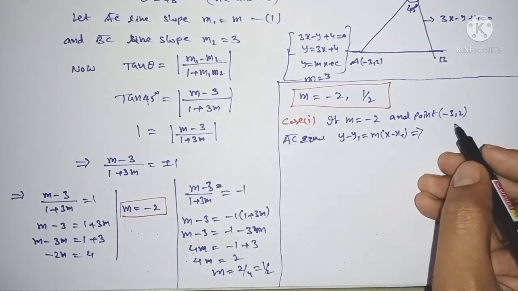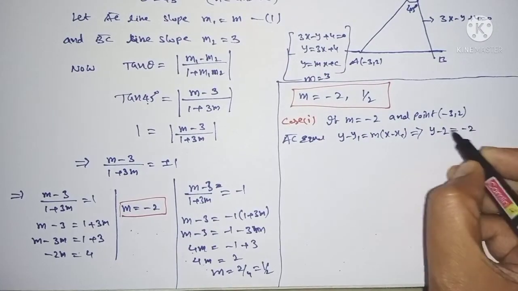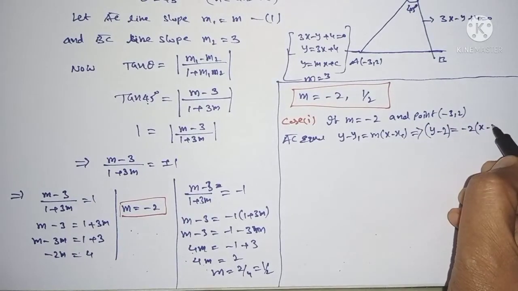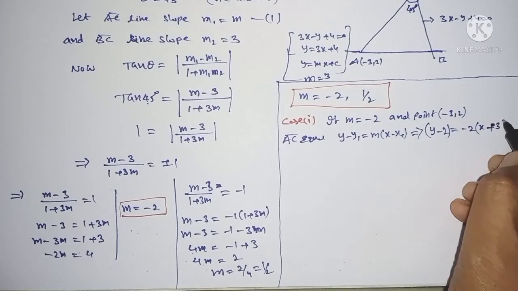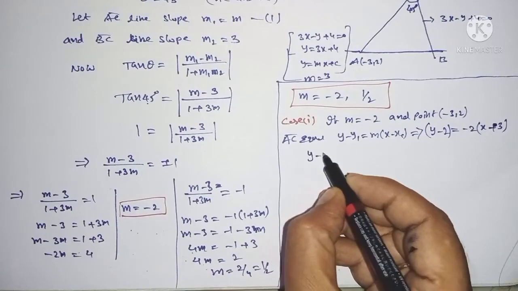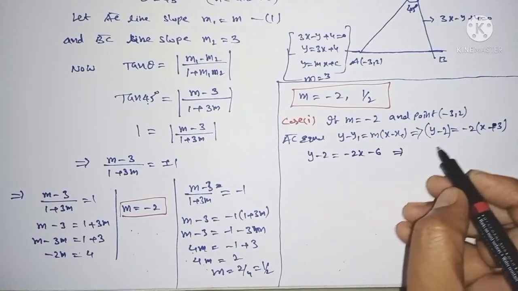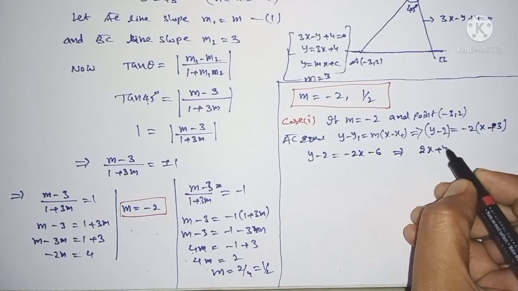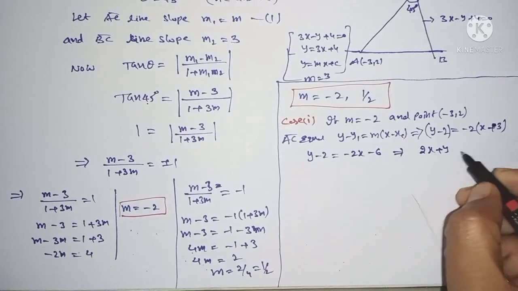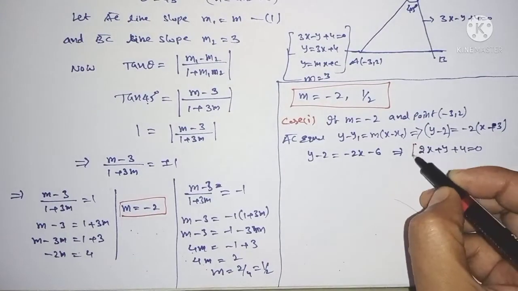That implies, I am writing here, y minus 2 is equal to minus 2 of x plus 3. You can simplify, what happens, that is y minus 2 is equal to minus 2x minus 6, or I can write here 2x plus y minus 2 plus 6 is nothing but plus 4 is equal to 0. This is our first equation.